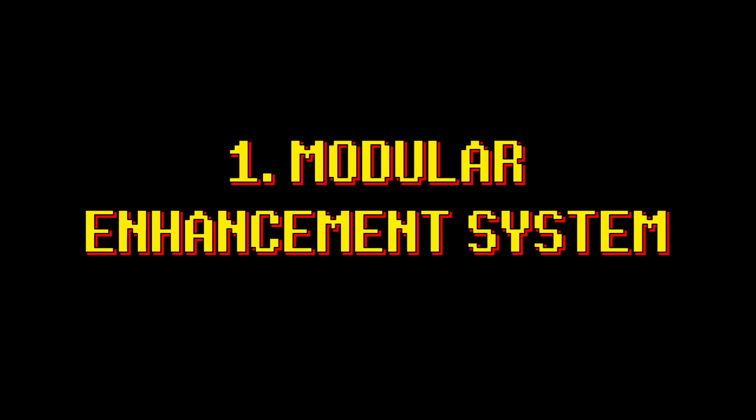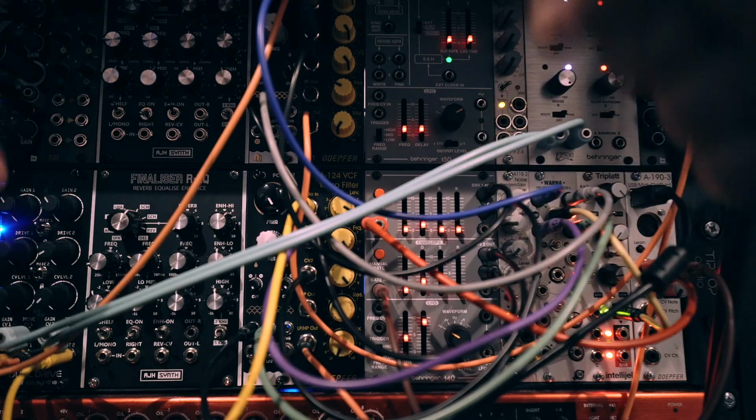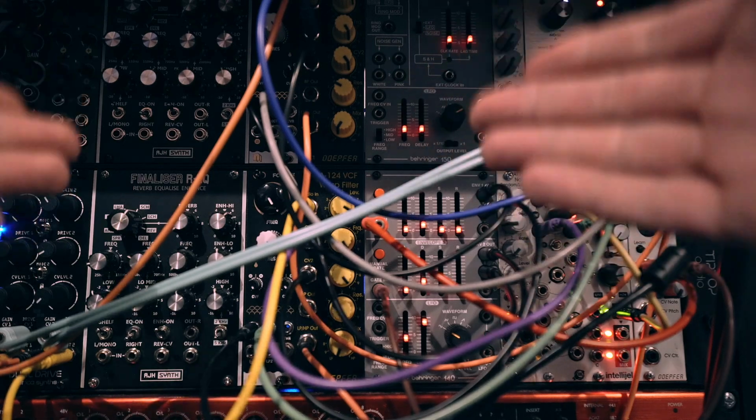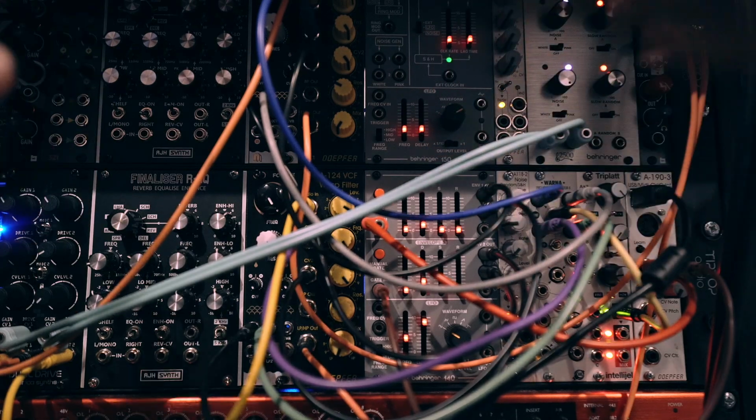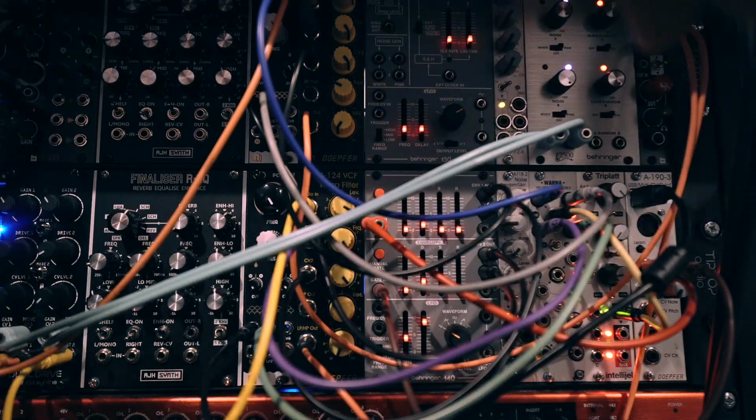Let's go to technique number 1, which is using a modular enhancement system. I know, it's not the cheapest, it's not the easiest to assemble, it's not the easiest to use, but it's most powerful and it sounds absolutely nuts.